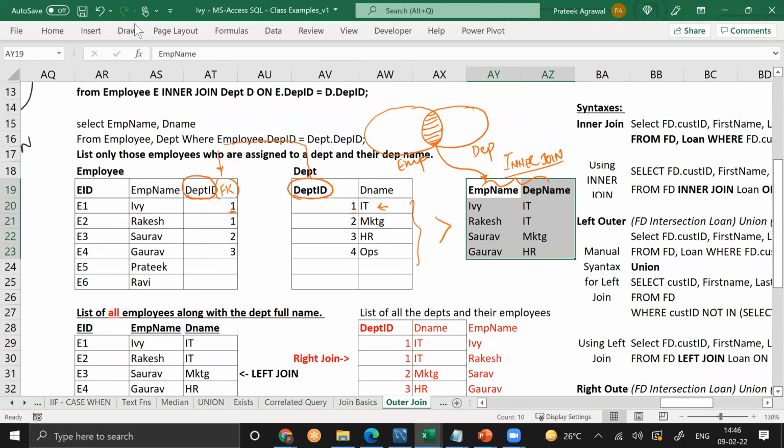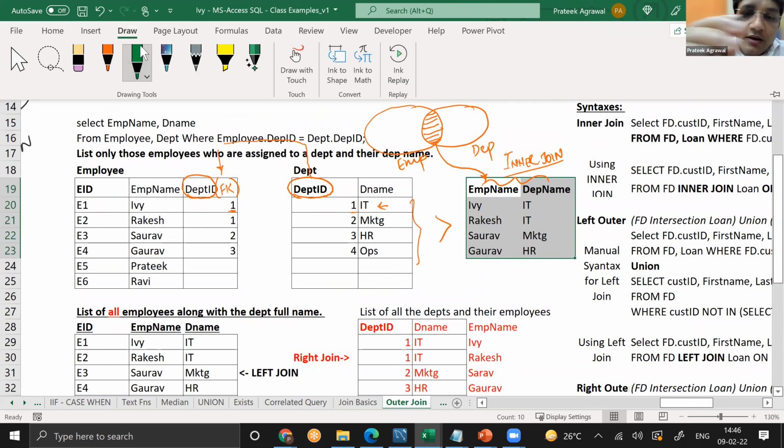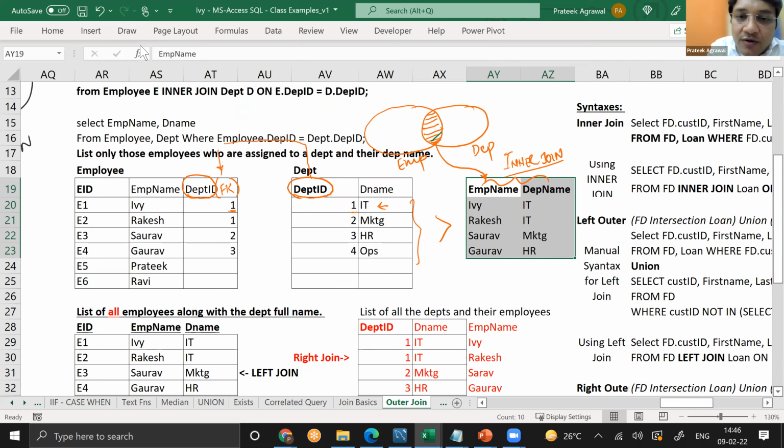So if I were to say this means I want the complete list of employees, including those employees who have been assigned to the department and their department name, plus the ones that are not.